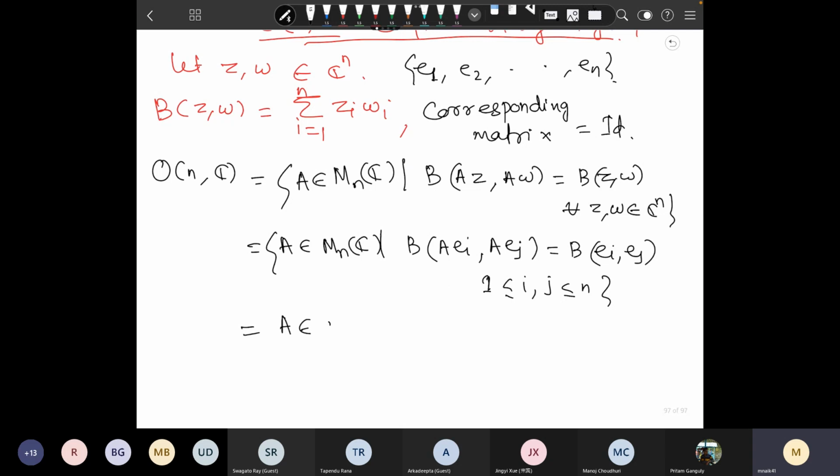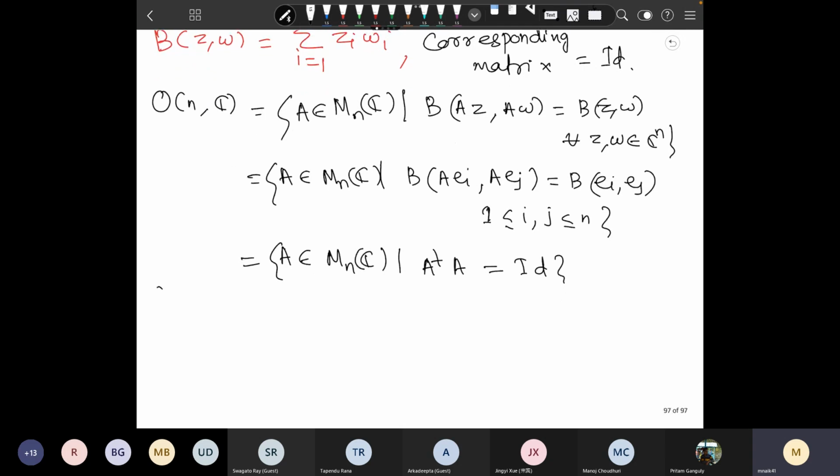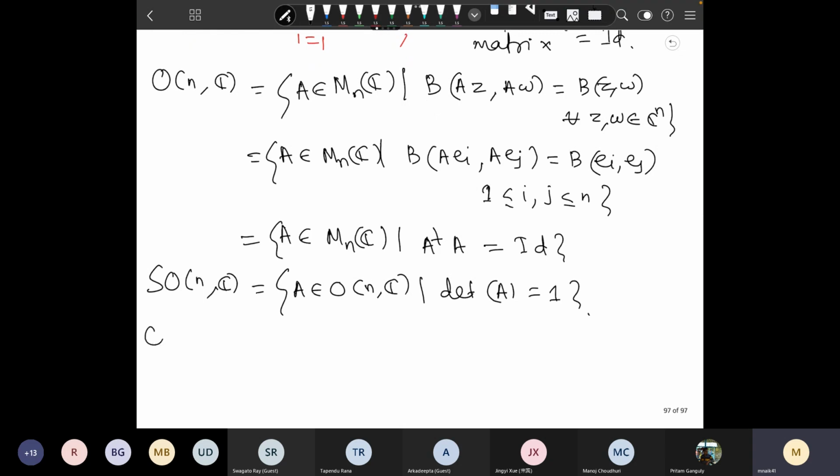So this is A belongs to M_n(C) so that A transpose A is equal to identity. Now SO(n, C), you define that A belongs to O(n, C) so that determinant of A is equal to 1. Clearly O(n, C) and SO(n, C) are really pseudo-algebraic groups.